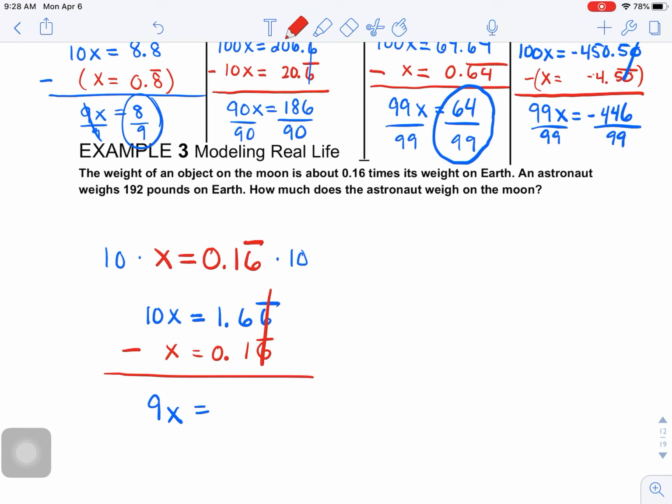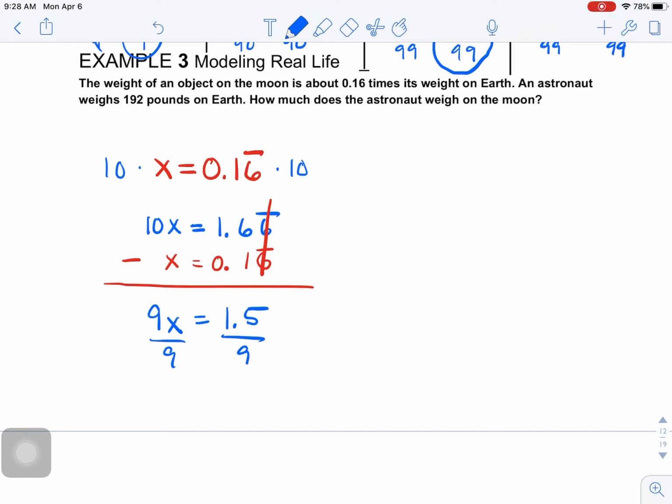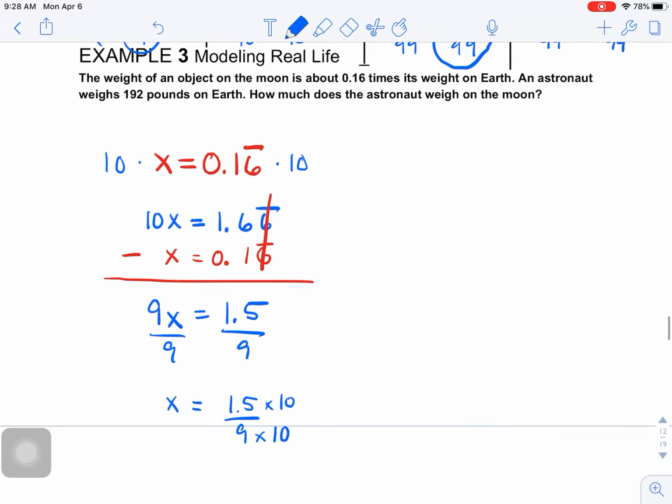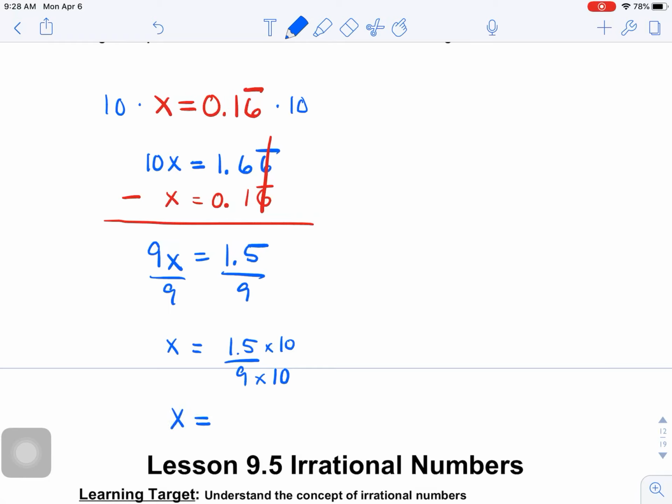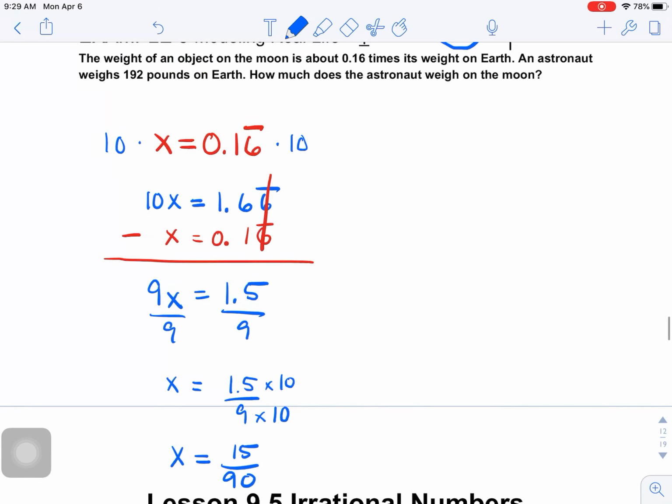So 1.6 minus 0.1 gives me an answer of 1.5, and then I can divide by 9. Let's move our decimal over, so I get x equals 1.5 over 9. I'm going to multiply by 10, so I get x equals 15 over 90, which we can simplify. 15 over 90, divide by 15, would give me x equals 1/6.